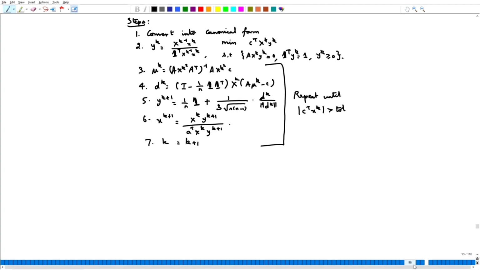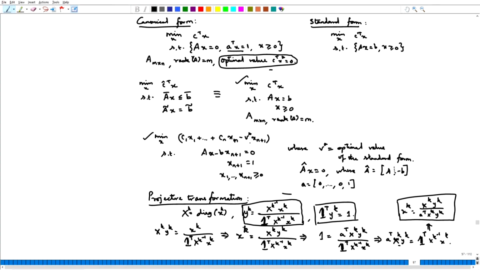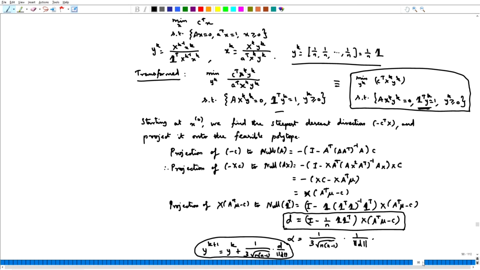The canonical form is of this particular form, where V star is required, so that the optimal value actually becomes c transpose x star equal to 0, okay. But if you do not know V star, many of the things actually go berserk, right, because suppose the value is not V star, let us say, okay. In that case, the first thing is the transformed problem is no more a linear programming problem, right.